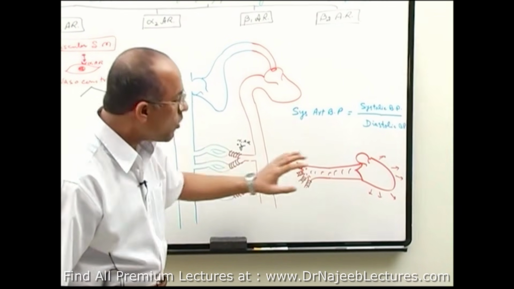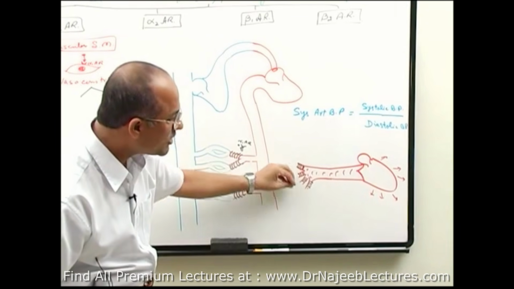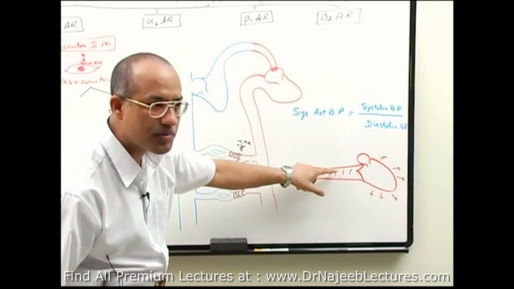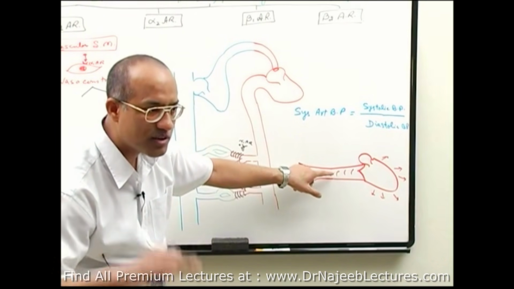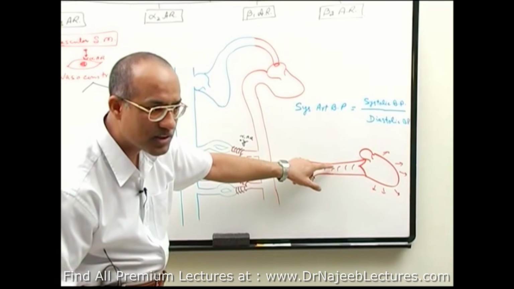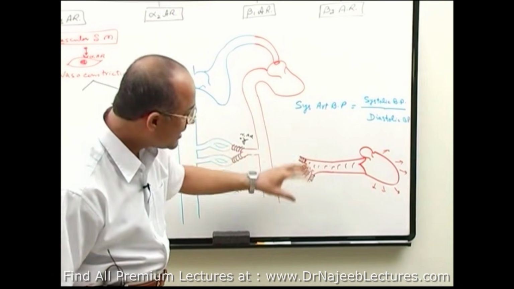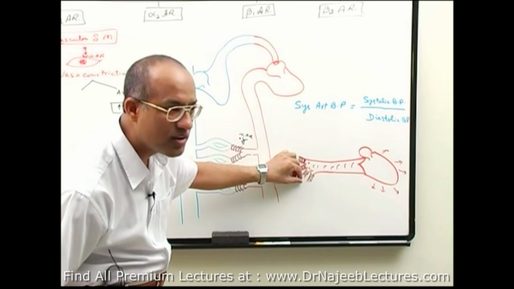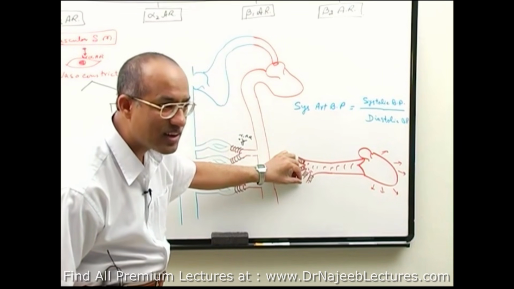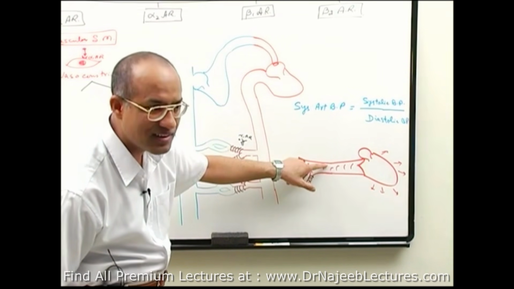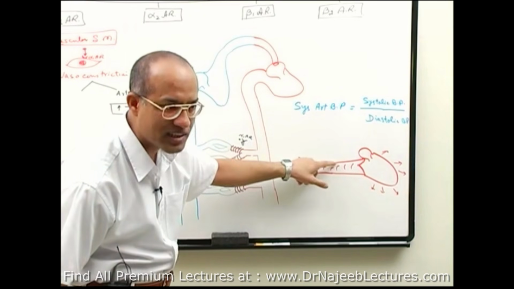So it means whenever you open the arterioles, pressure in the major systemic circulation during diastole will drop. And if you constrict the arterioles during diastole, blood will be trapped here, even though there is no blood coming here during diastole.